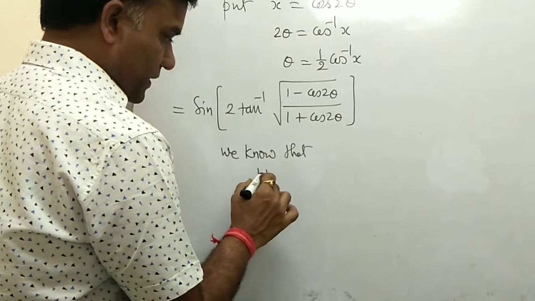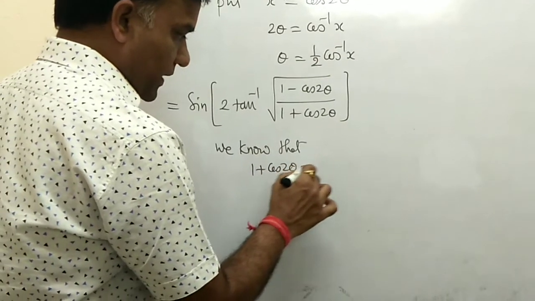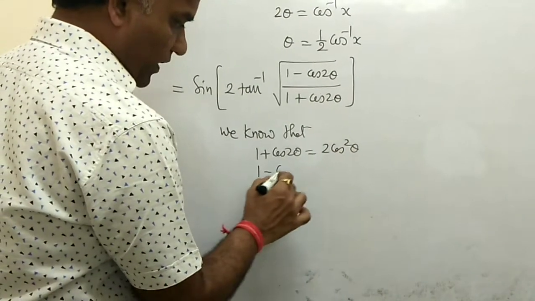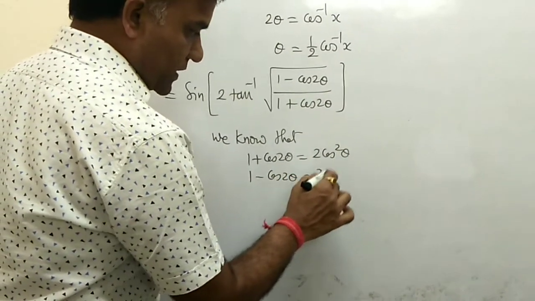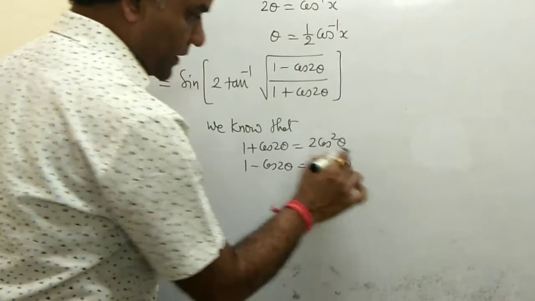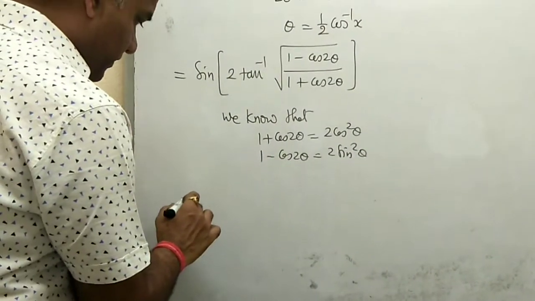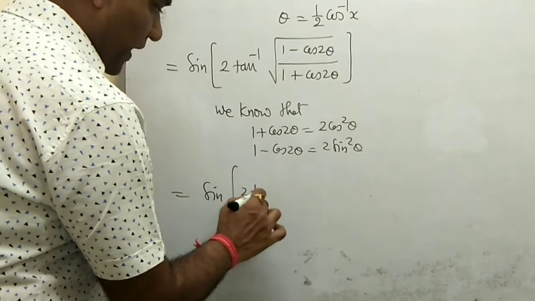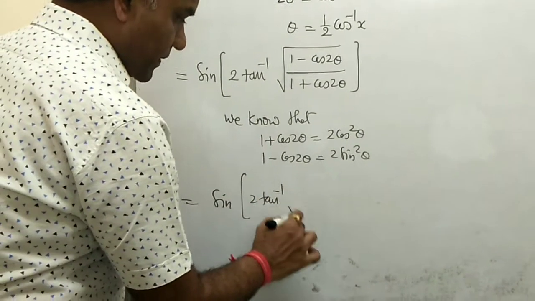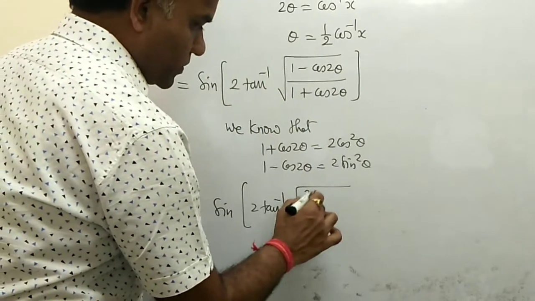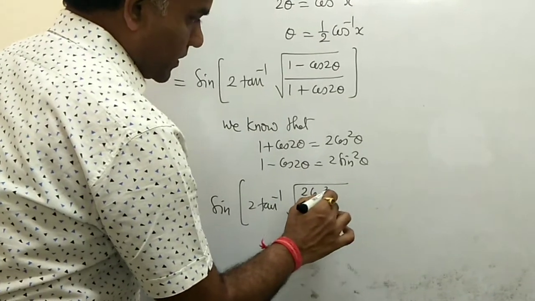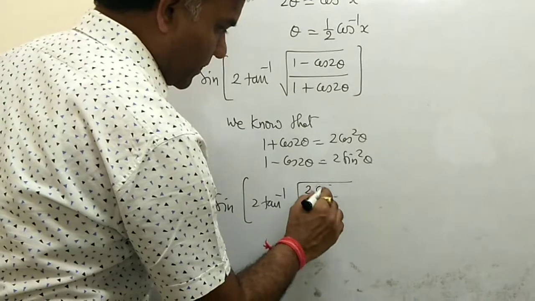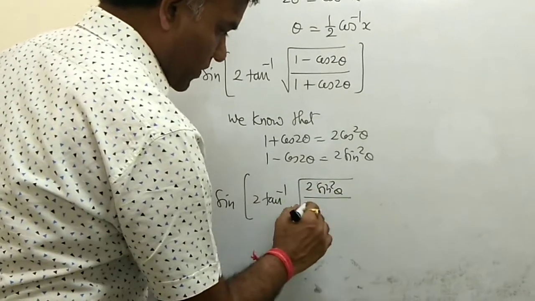1 plus cos 2 theta is 2 cos square theta, and 1 minus cos 2 theta is 2 sin square theta. So after putting this formula, we have sine 2 tan inverse under root of 2 sin square theta by 2 cos square theta.